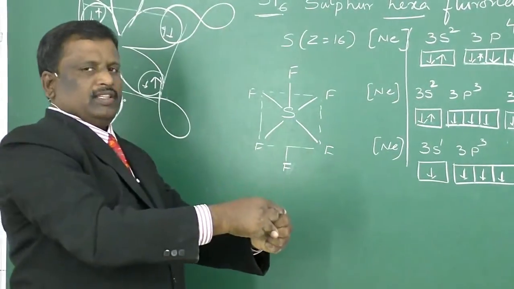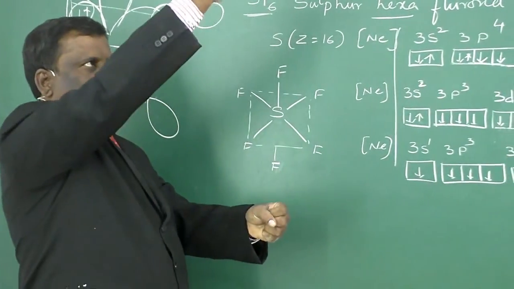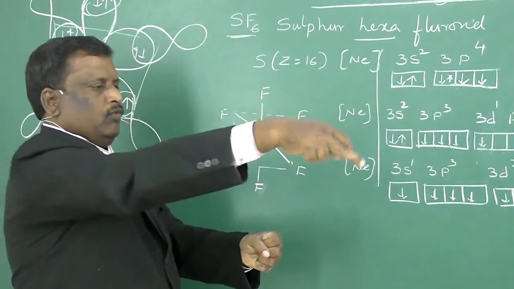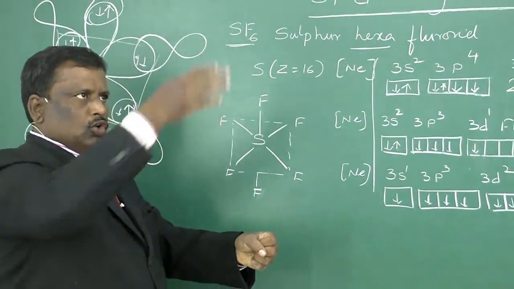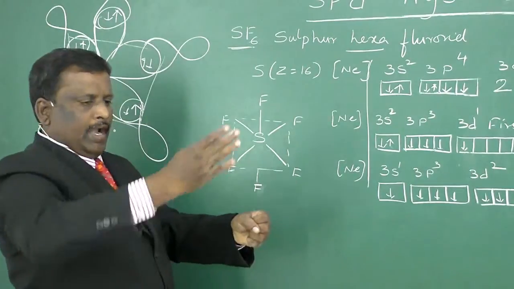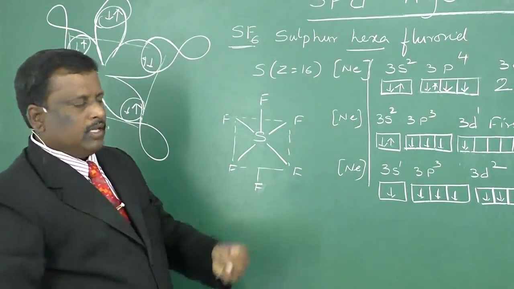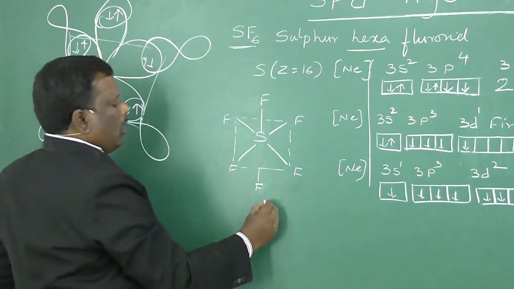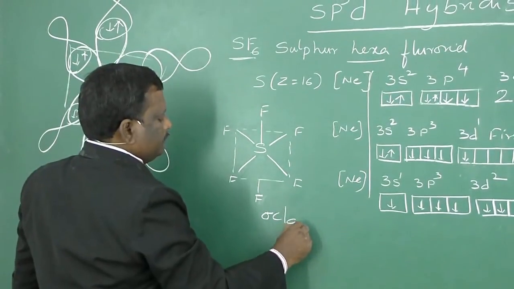One F bond will be like this. If you have one fluorine on top and 4 fluorines at the corners, you have 4 faces upward, and down also you have 4 faces. That's why the shape is said to be octahedral.